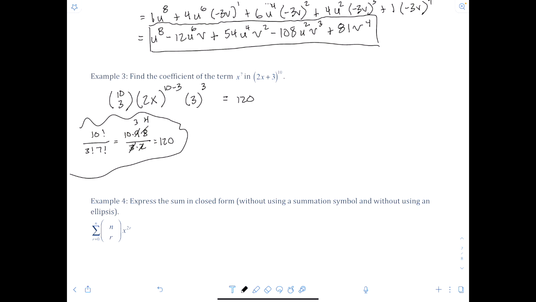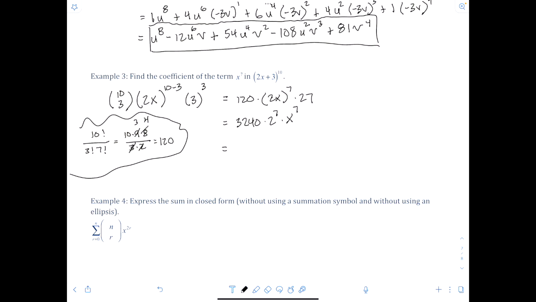I'll just write it out. 2 times x will be to the 7th, and then we're going to have our 3 cubed, which is 27. That ends up being, when I multiply the 120 and the 27, I got 3240 times 2 to the 7th times x to the 7th.